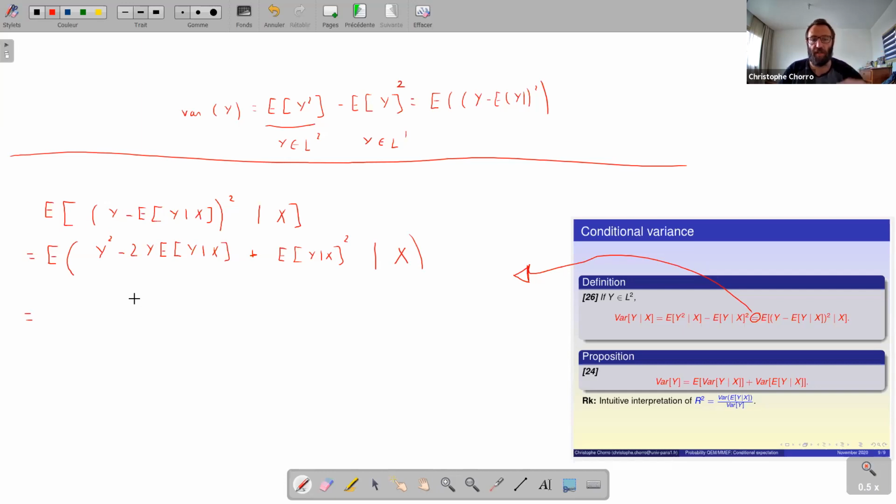Conditional expectation is linear. So in fact, I have 3 terms. The first one, no problem.